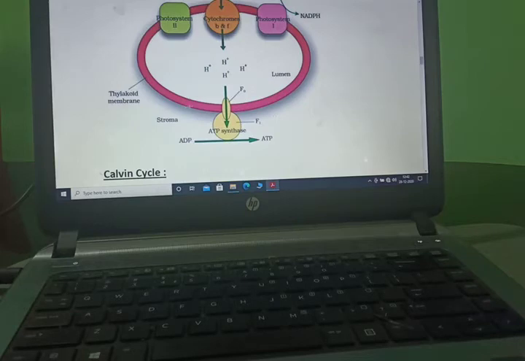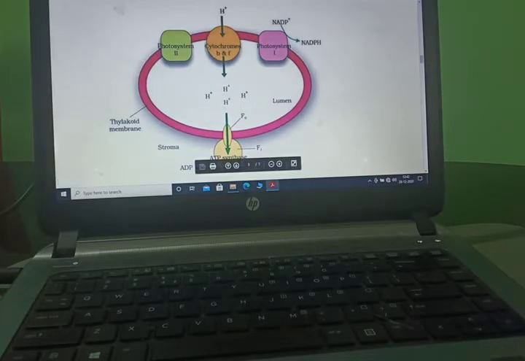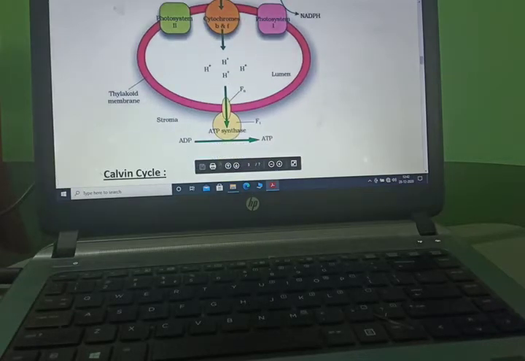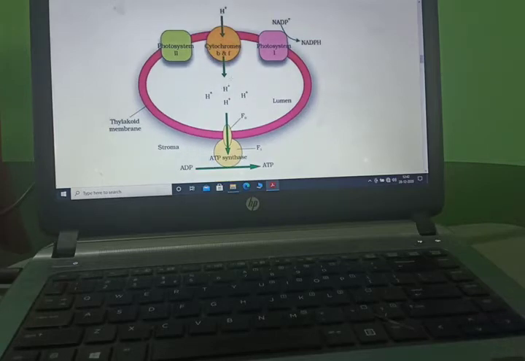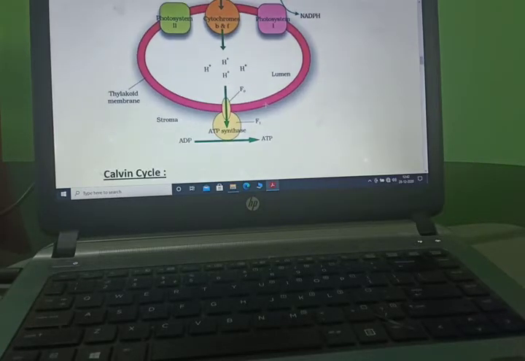Now here you can see this is the thylakoid membrane, stroma, ADP to ATP, photosystem 2, this is photosystem 1, cytochrome b and f, these are pigments, formation of NADPH, addition of hydrogen, lumen means cavity of the thylakoid. Here F0 and F1 particles; this reaction takes place in the mitochondria.